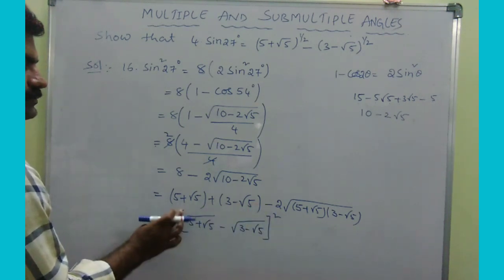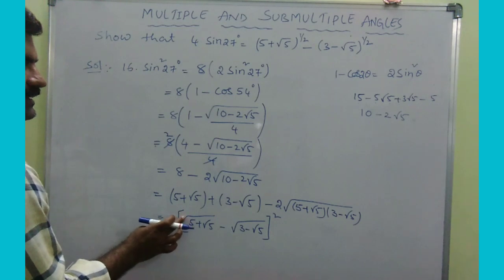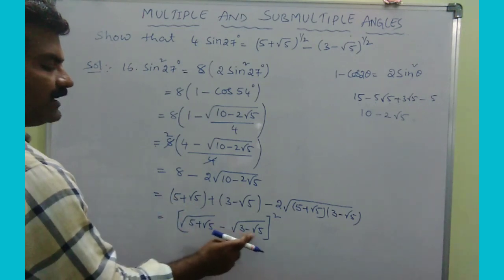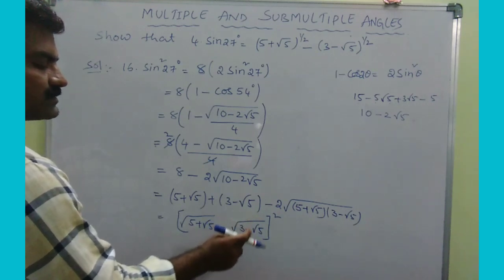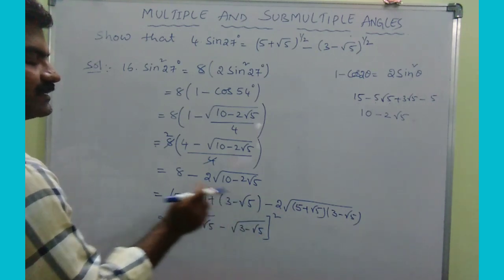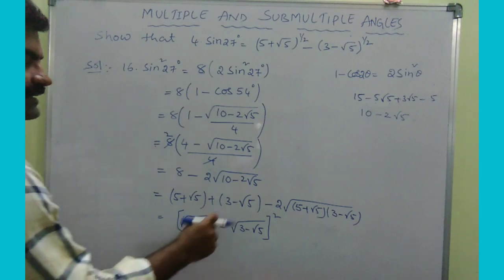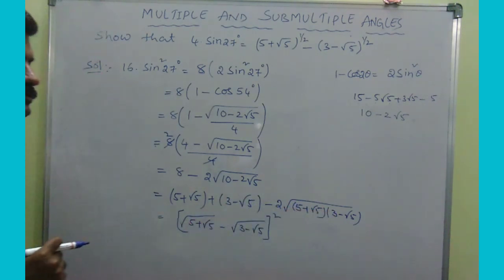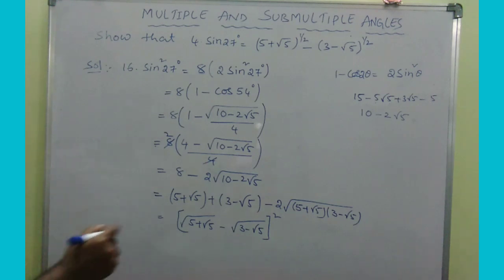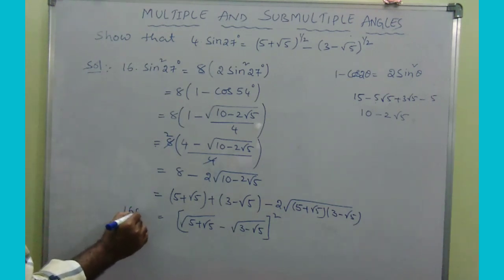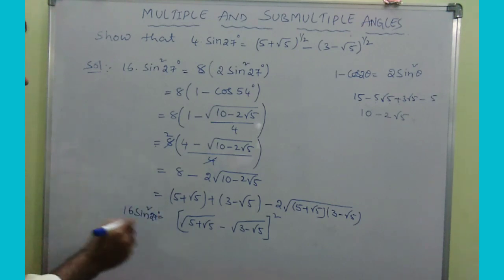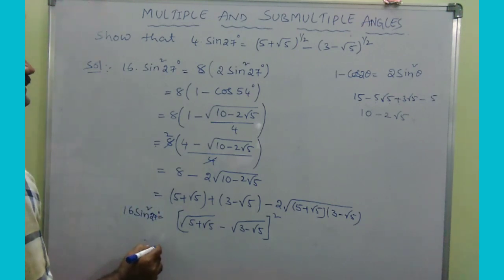A square value: on squaring, root and square get cancelled, hence 5 plus root 5. Plus b square value, this is also root and square cancel, which is equals to 3 minus root 5. And minus 2 root a into root b, anyhow whole root, 2 root ab. And you know, everything is 16 sine square 27 degrees now.